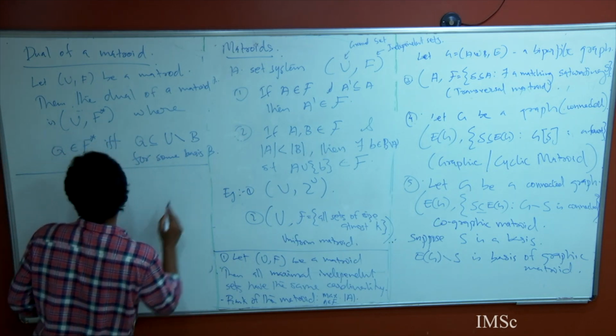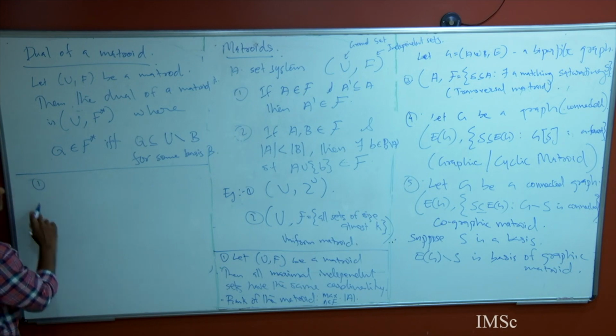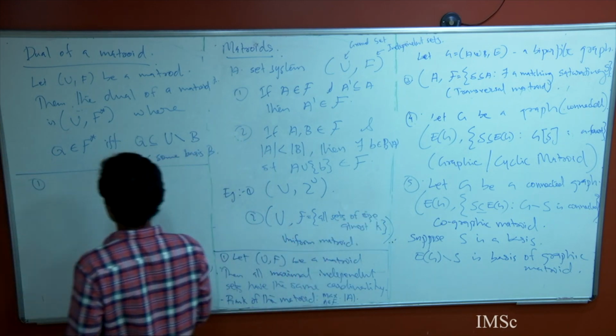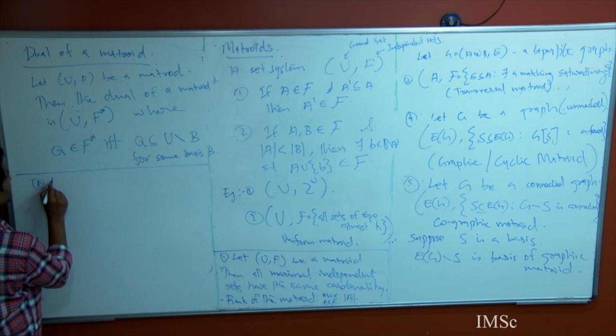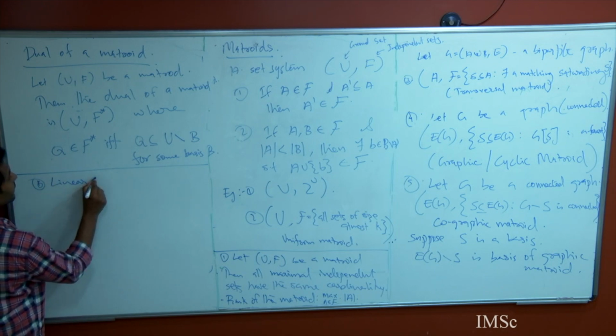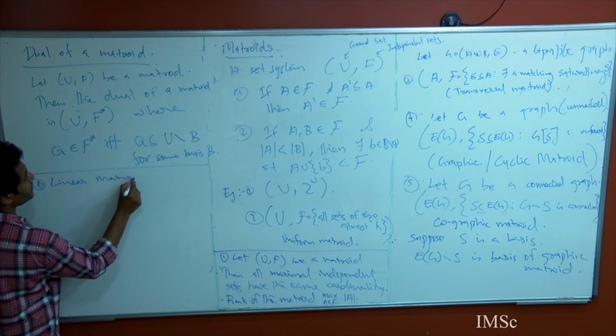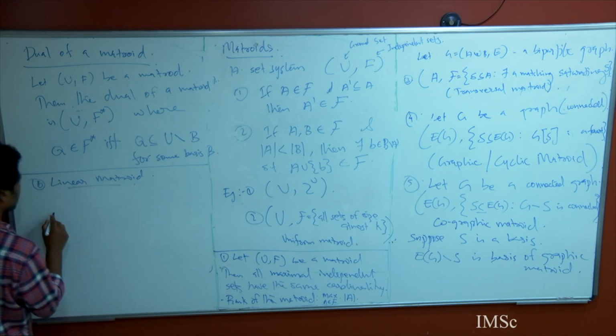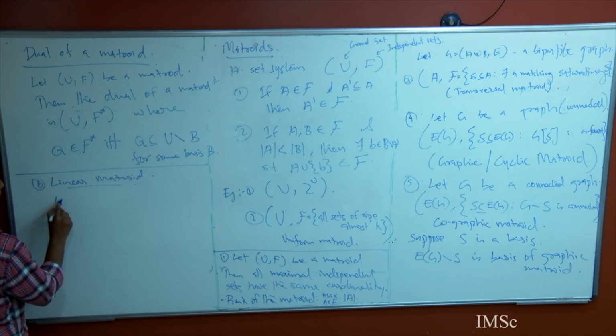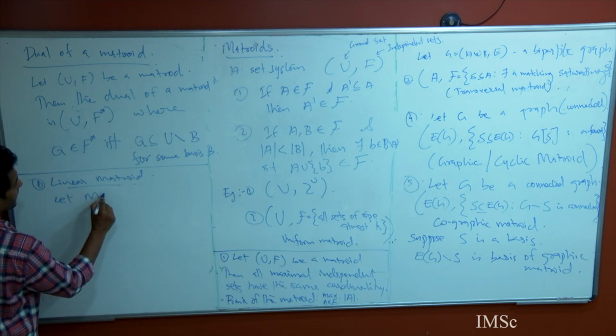Now the last matroid which we want is the linear matroid. Let M be a matrix.